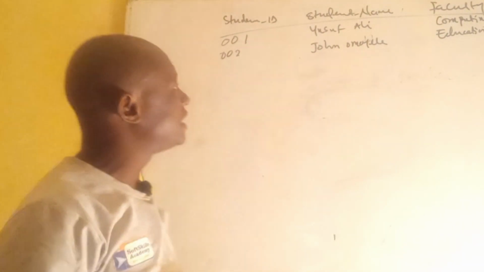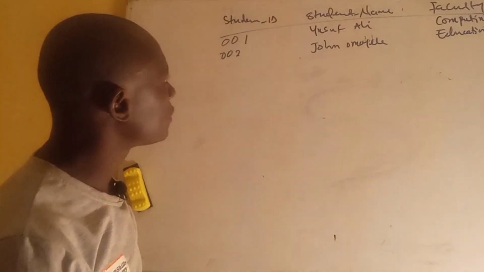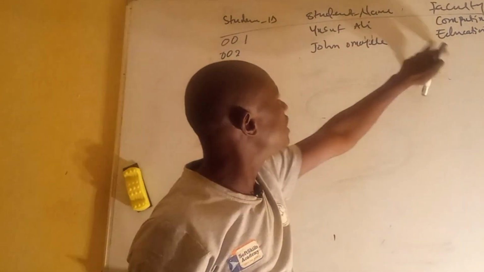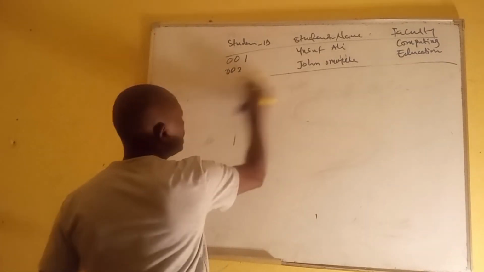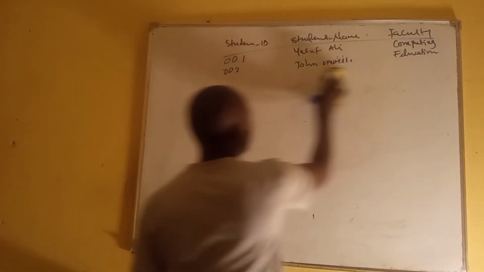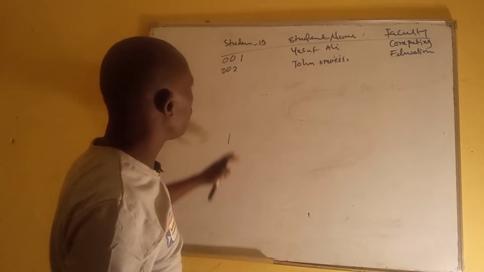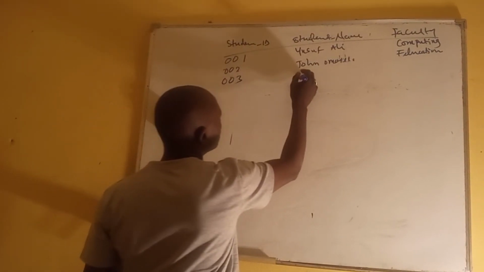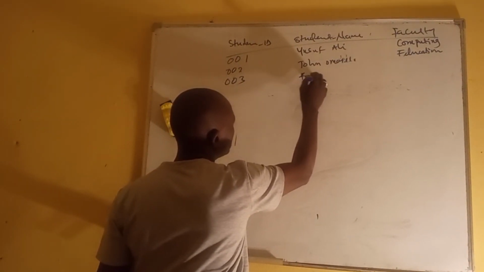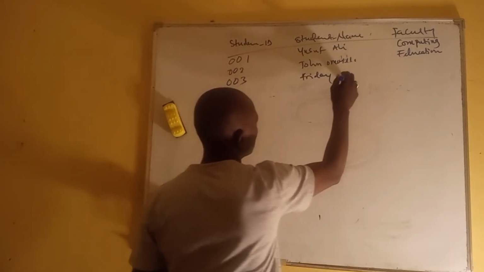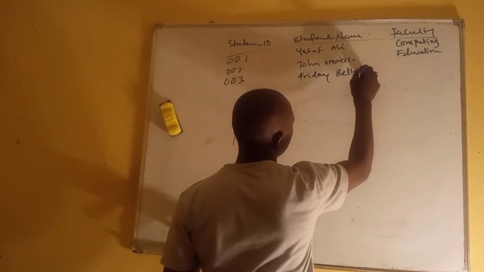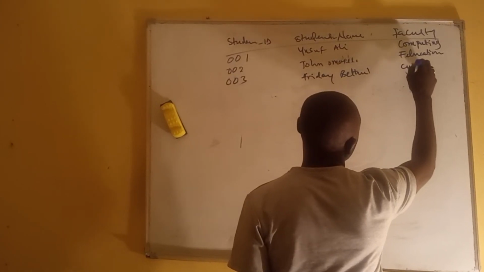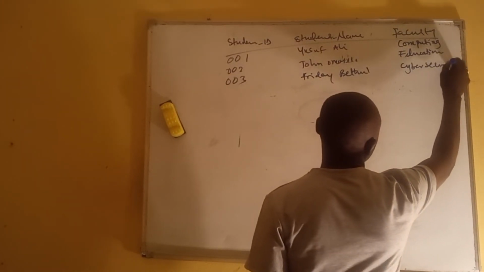So looking at this, we know this faculty does not belong. If this is a given table, this is going to be a given table. Friday the 12th will be in cyber security.